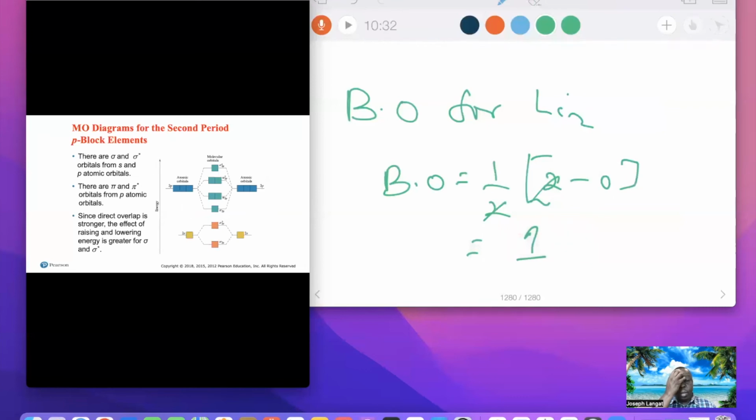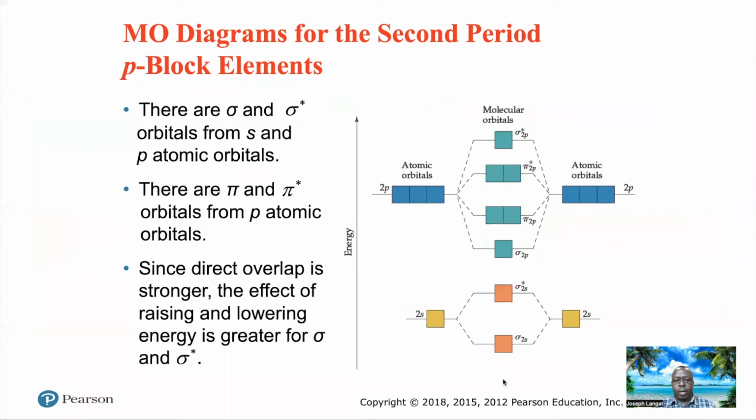You need to learn how to draw the diagram here, and it's going to change depending on which element you are looking at. Molecular orbital diagram for second period, the p block elements on the second period, not row 3.